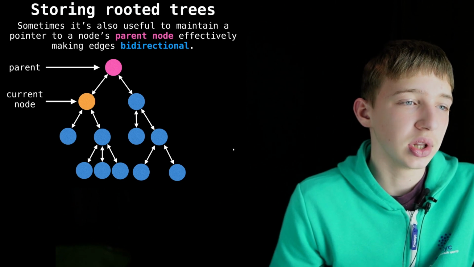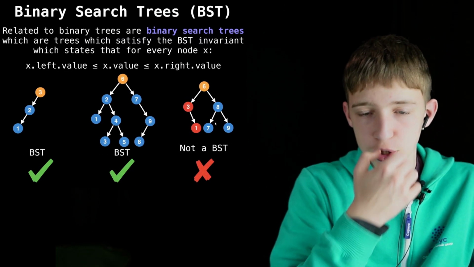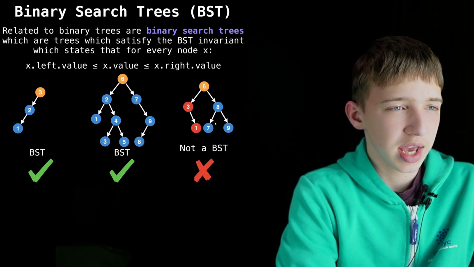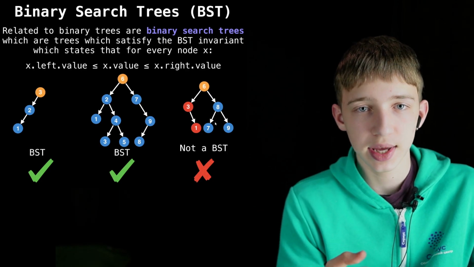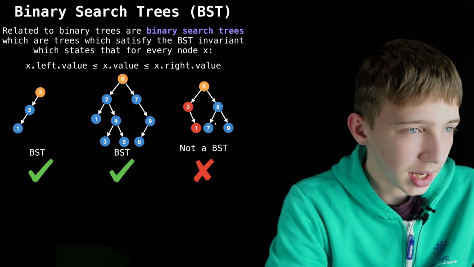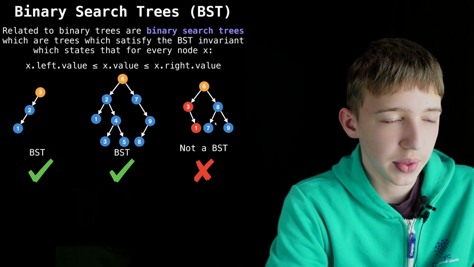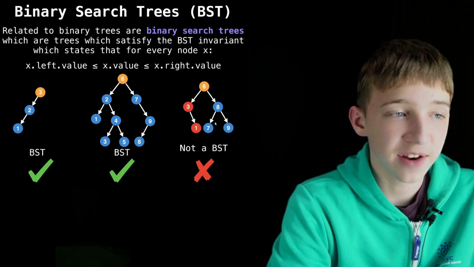And now let's look at what is a binary search tree. As far as I know, the set data structure uses something like that. Binary search trees satisfy the BST, binary search tree invariant.